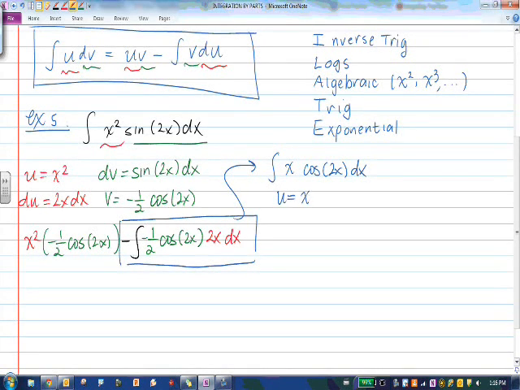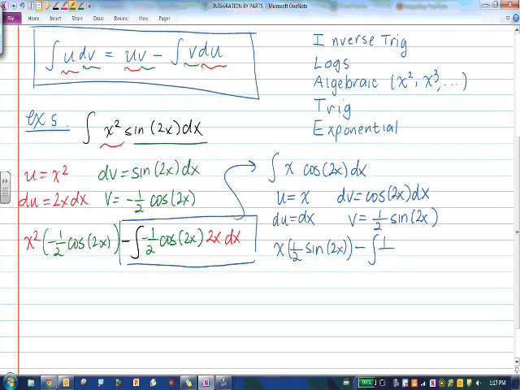I'm going to choose u to be x, du to be 1 then, so du is dx, dv is cosine of 2x, and what I end up with for v is positive 1/2 sine of 2x. Plugging that into the formula, just for the integral, you'll get x times 1/2 sine of 2x minus the integral of 1/2 sine of 2x, and our du was dx.